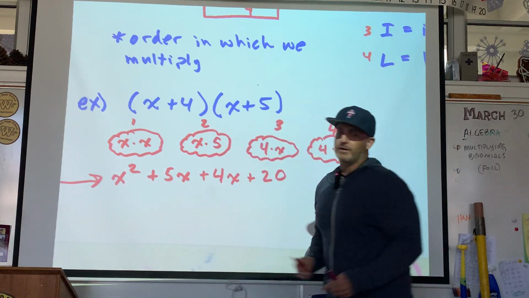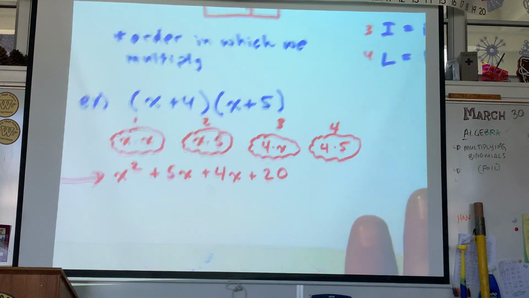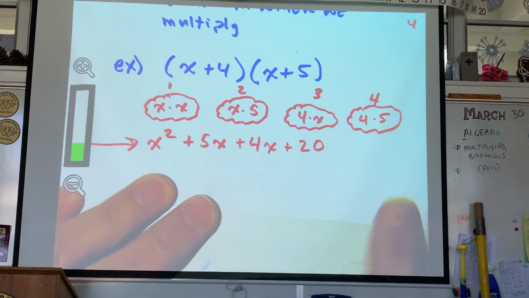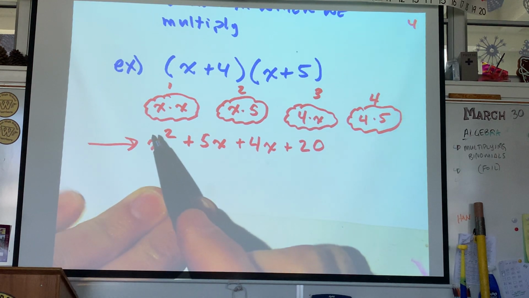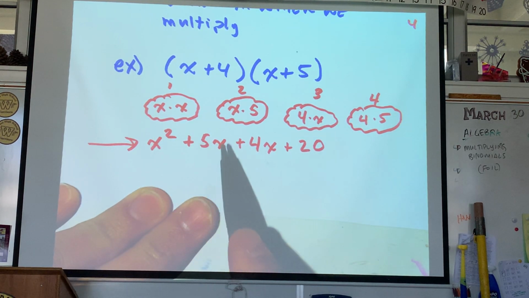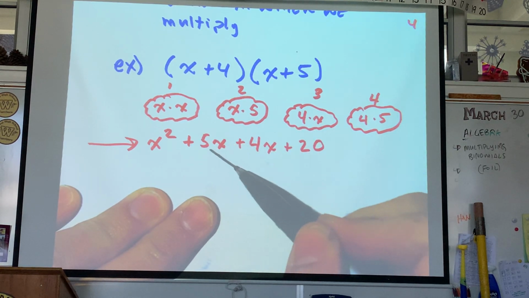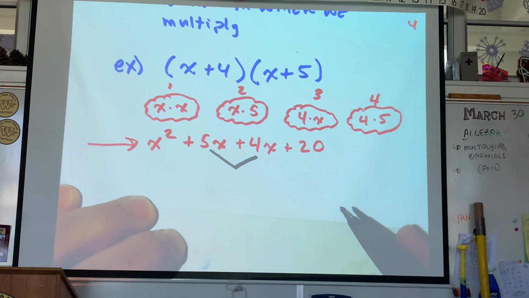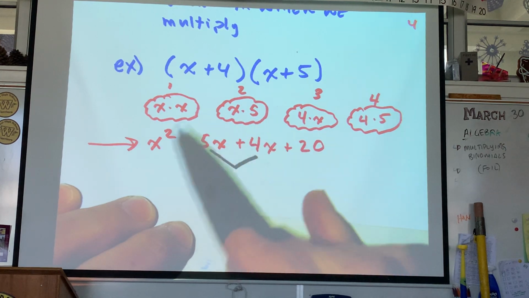Let's take this line right here, and let's have a little blast from the past, and let's combine like terms. Which terms can we combine, or which terms are in the same family? X squared goes with nothing. Positive 5x, ooh, that goes with 4x. I'm going to combine 5x and 4x. And I'm just going to tell you guys that on all of these today and your assignment, the two middle terms are going to combine.